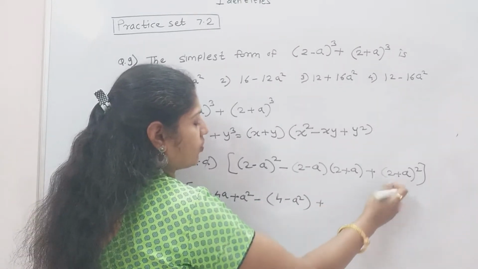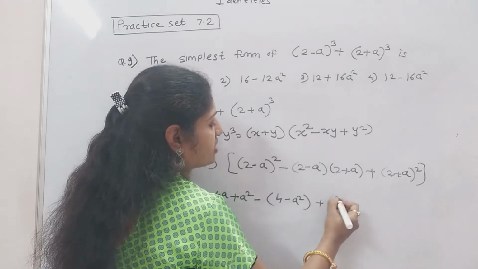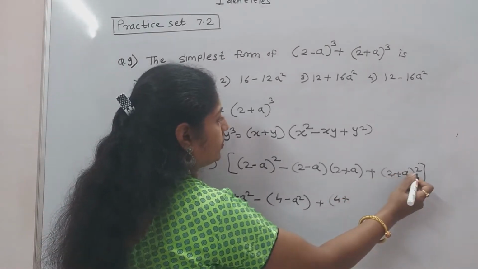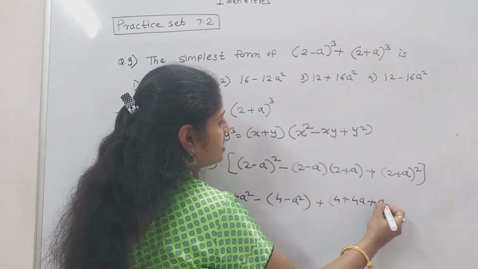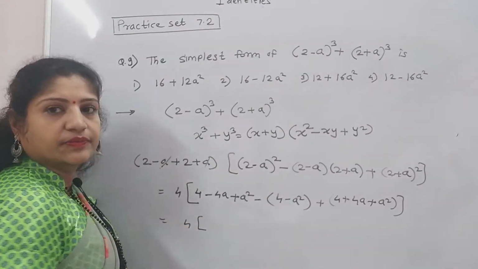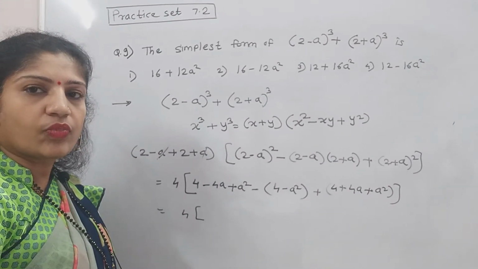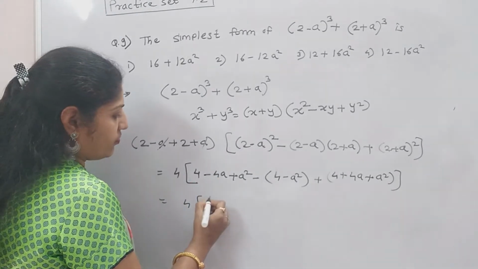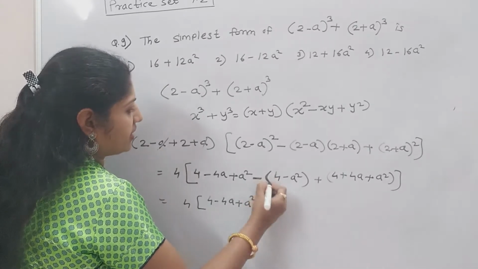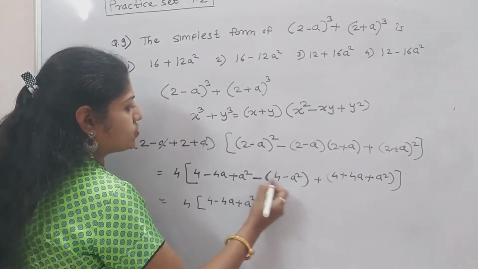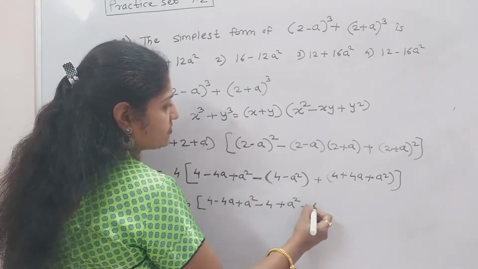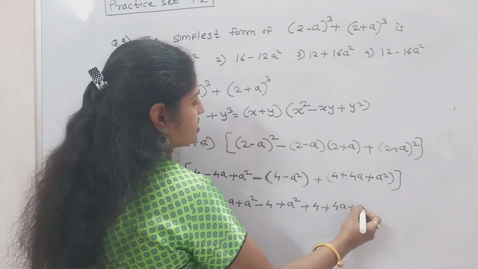Plus use the formula here also, (2 plus a) bracket square, 2 square plus 4 plus 2 into a, that is 4a plus a square, 4 in bracket. Four minus 4a plus a square, in bracket, behind the bracket there is negative sign, so change the sign, minus 4 plus a square plus 4 plus 4a plus a square.